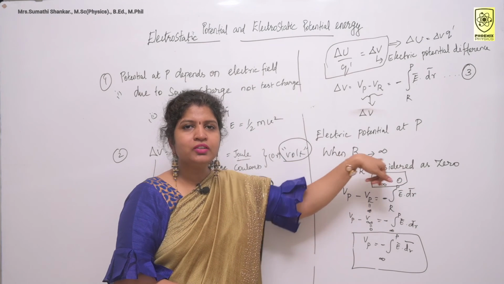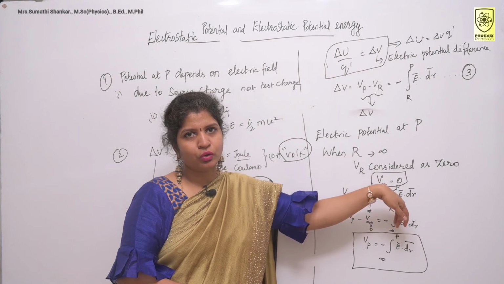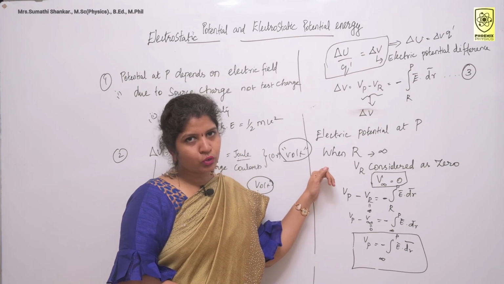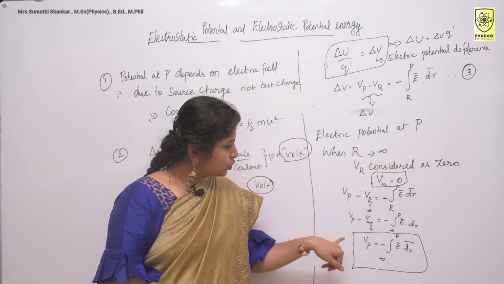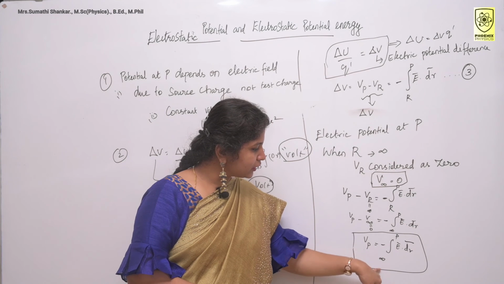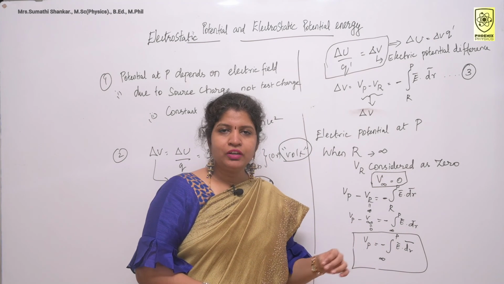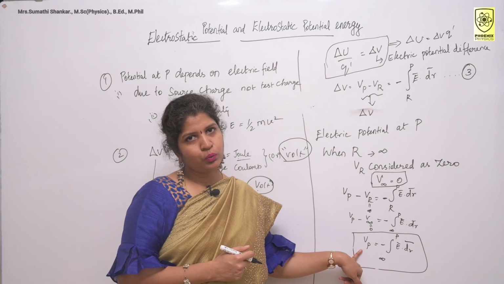So if R is at infinity, V infinity is equal to 0. Based on this assumption, we calculated electric potential at point P: Vp is equal to minus integral infinity to P E dot dr. After that we discussed some important aspects of this equation.